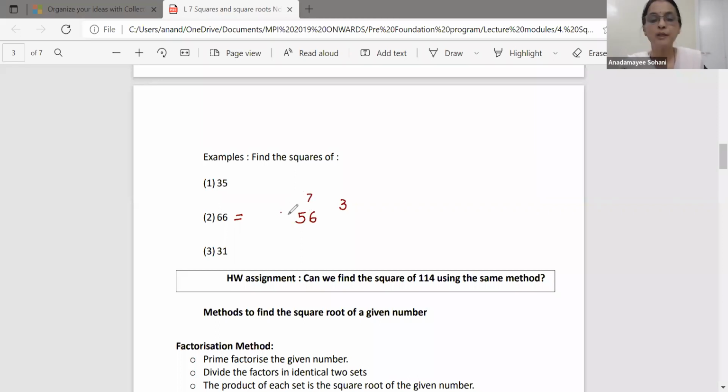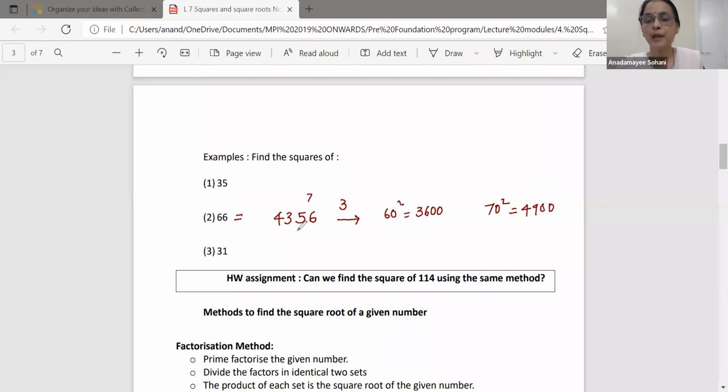So the square of 66 is 4356. And note that this is falling between 60 square, 3600, and 70 square, 4900. We are going to use this technique to find the square root as we go ahead.